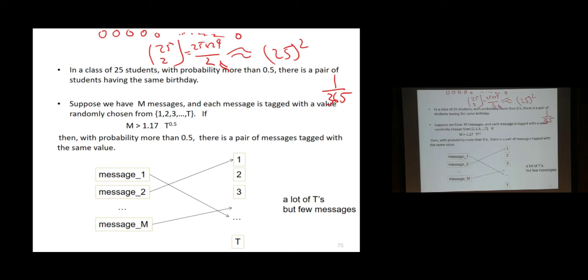I have 400 pairs. So intuitively, 400 is bigger than 365, so I have a good chance that among these 400 pairs, one of them has the same birthday. So this is one way to see it. It's a quadratic improvement, so it's n squared. It's 25 squared.